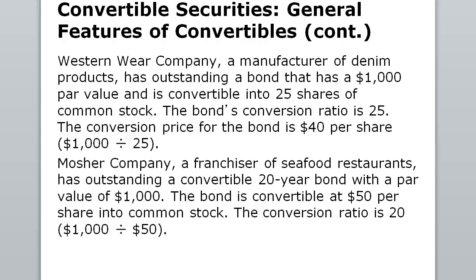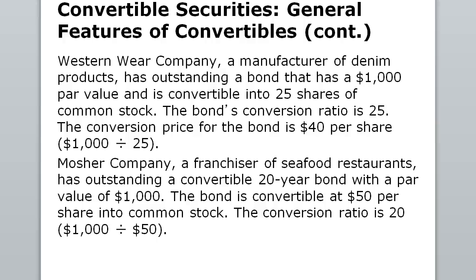Western Wear Company, a manufacturer of denim products, has an outstanding bond that has a $1,000 par value and can be converted into 25 shares of common stock. So the conversion ratio is 25. If we take the $1,000 divided by 25, we get the conversion price of $40 per share.